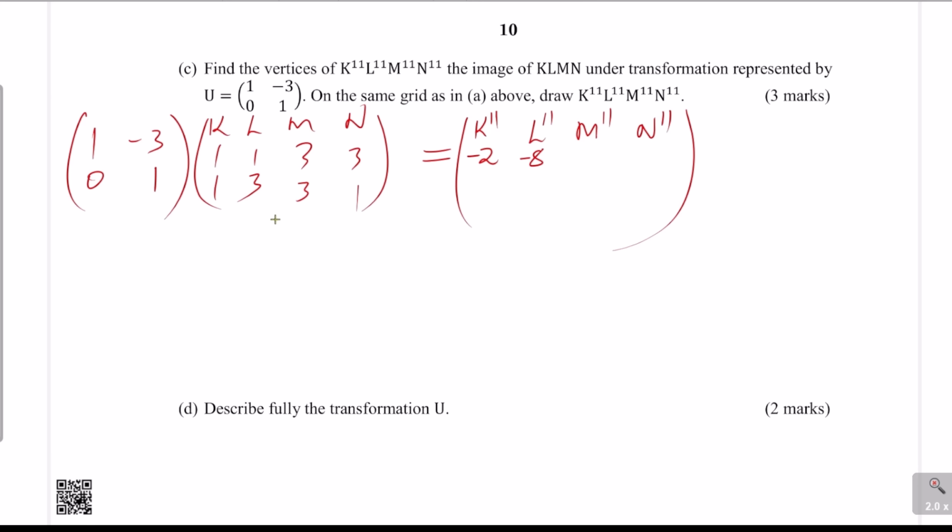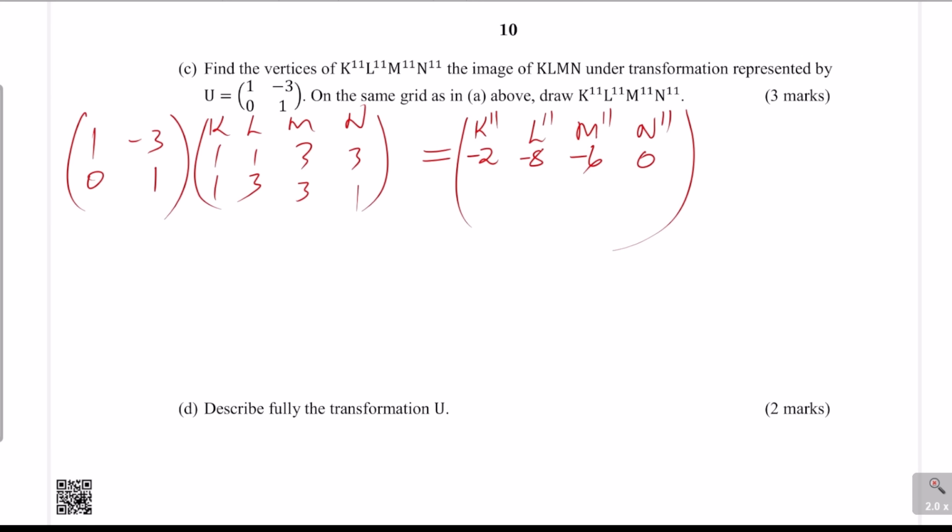Let me look at it again. So it will be 3, subtract 9, that will be -6. And then for N, this is a 3, subtract 3, that will be 0. I'm through with row 1.